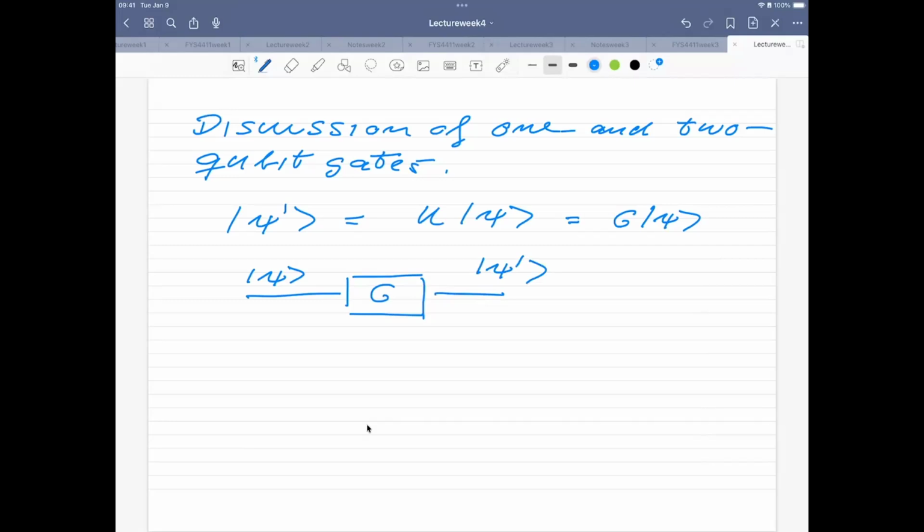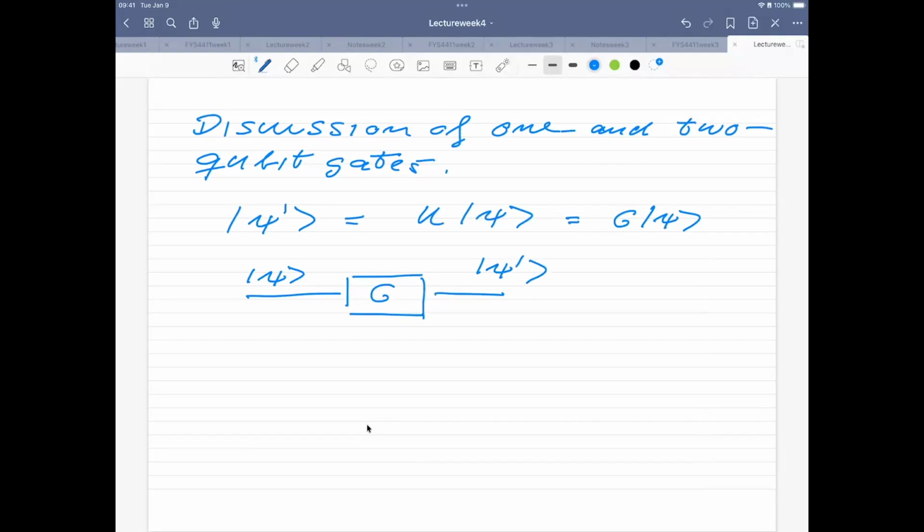The reason why I wanted to bring back a little bit of these definitions of the unitary operations is simply because this is essentially what we end up doing again and again and again. So schematically, this is what we have. Now let's look at how we would trace that G for a simple system.